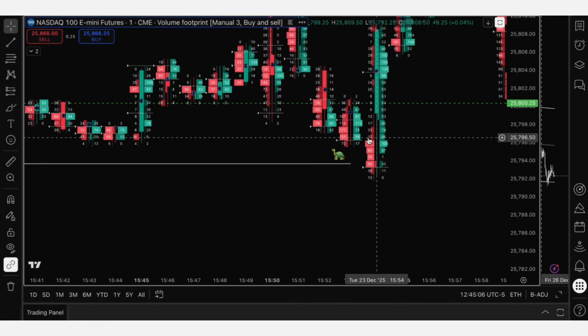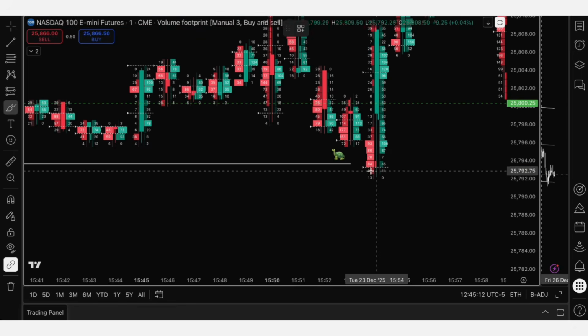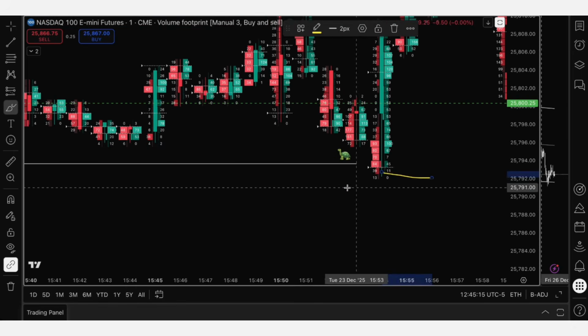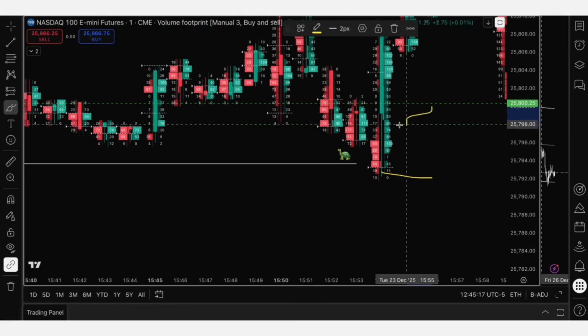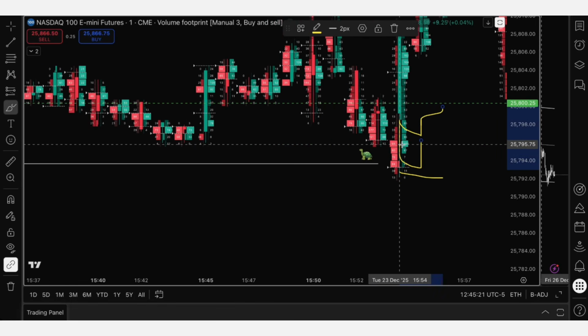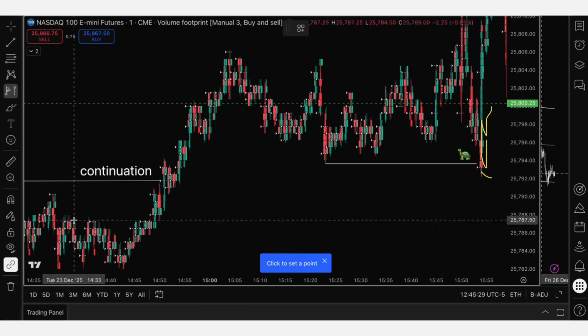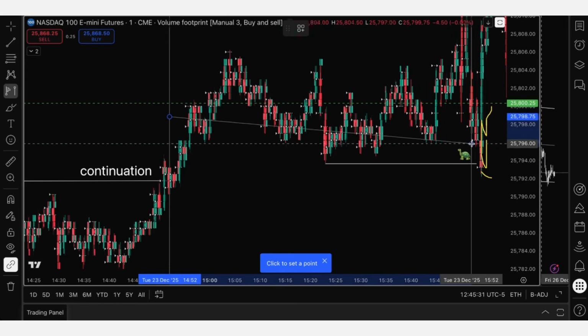So as you can see, the sellers got trapped here and they couldn't move the price lower. And after a few buyers jump into the market, these responsive buyers can easily move the price higher. Add a fixed volume profile into this range.